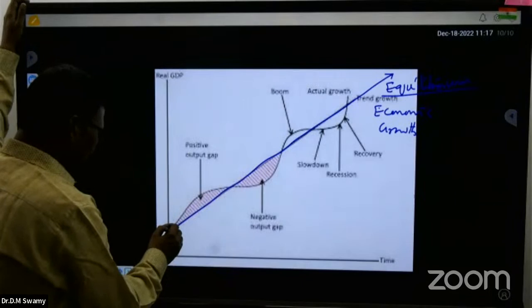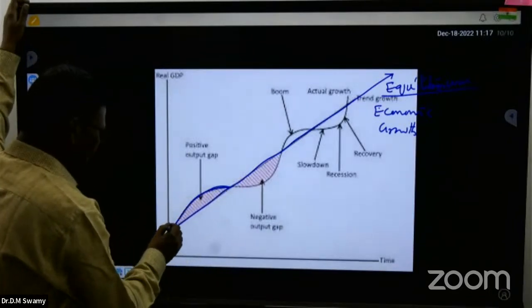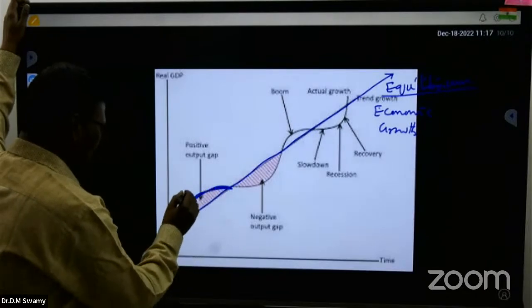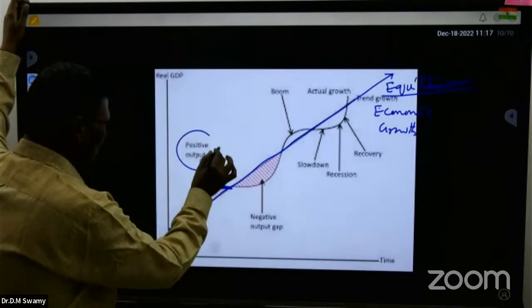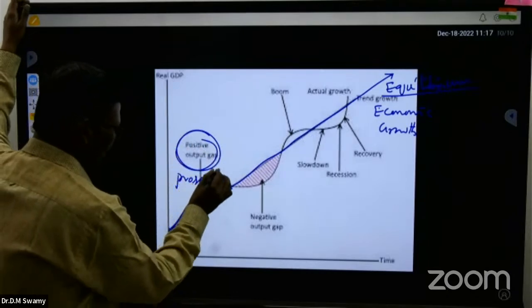So these are the fluctuations in the economic activity. Since it is above the equilibrium level, it is known as prosperity.